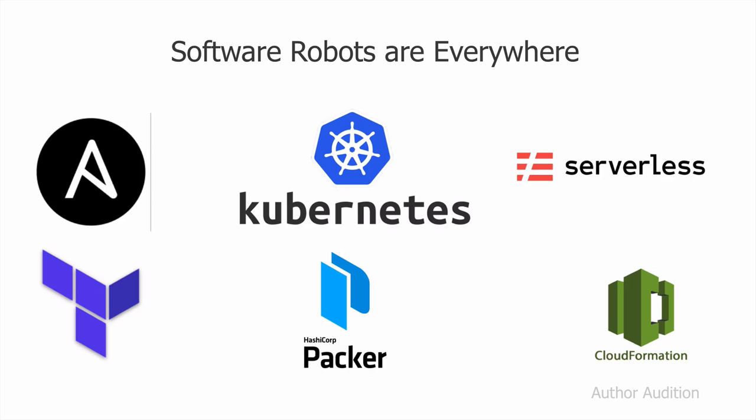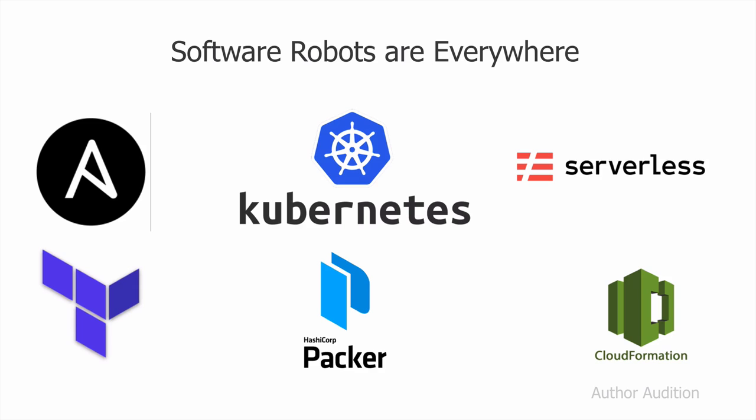And if you look at it in the application development world, software robots or robotic type of implementations are everywhere, right? Any of these tools, you're talking Ansible, Kubernetes, serverless, Packer, CloudFormation, all of these are spec-like frameworks where the developer or the person writing the spec can define a set of tasks or a set of processes that these tools need to do, and they run these particular set of tasks against whatever environment they're configured to run against.